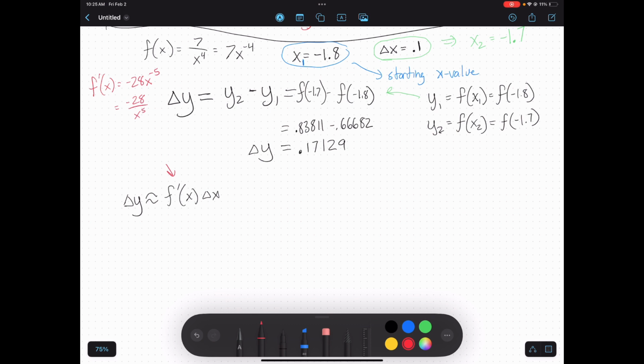So with that in mind, what I'm going to get here is negative 28 x to the negative fifth. But what am I plugging in? Since I'm estimating delta y at this specific starting point, I'm plugging in negative 1.8. So that takes care of this piece. But then I still need to multiply it by delta x. And of course, my given delta x is 0.1.